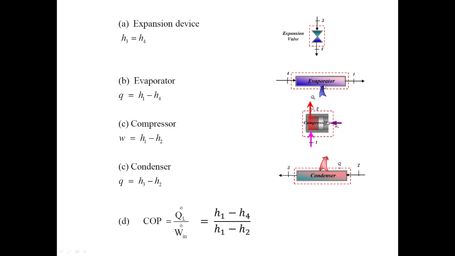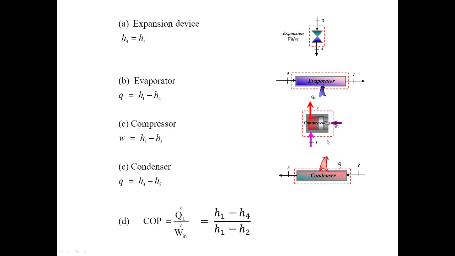QL is absorbed in the evaporator, and that QL is basically the difference of the enthalpy, H1 minus H4. This is in kilojoule per kg. If you want the total heat absorbed, you have to multiply with the mass flow rate of the refrigerant, but this is the specific heat absorbed.